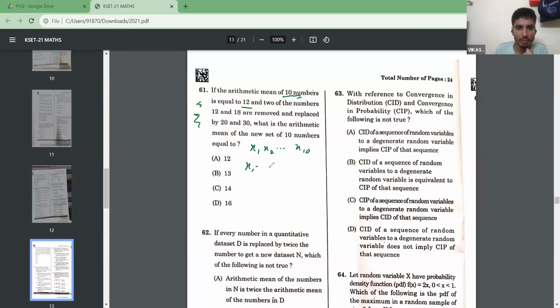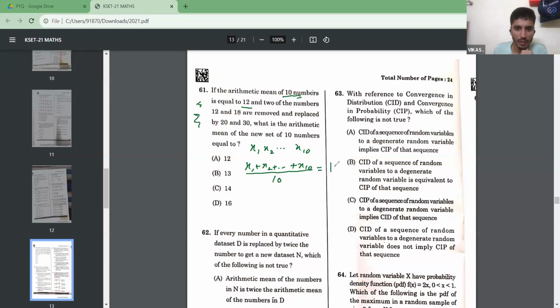Means (x1 + x2 + ... + x10)/10. I hope this is the basic formula I am using. The arithmetic mean is the total sum of the quantities divided by the number of quantities. There are many names for it. We will see the definition of this arithmetic mean by the axiomatic definition of probability as well, but that is further talk.